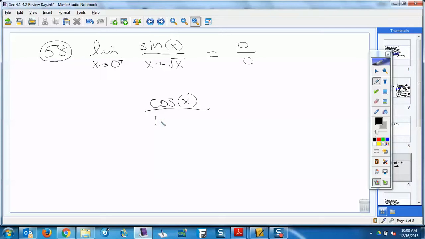1 plus 1/2 x to the negative 1/2. Now, I think this is such a common derivative to do that it might be worth starting to memorize this one, because this is not a lot of fun to plug numbers into or solve.